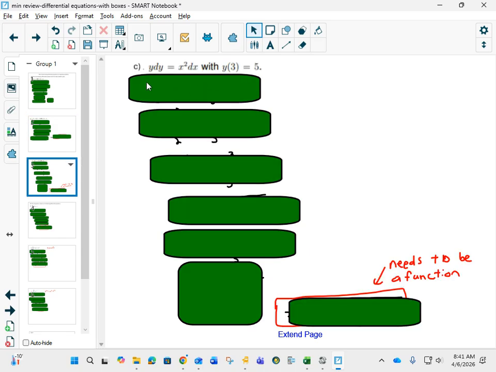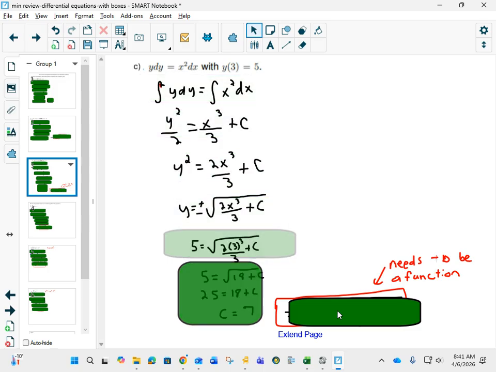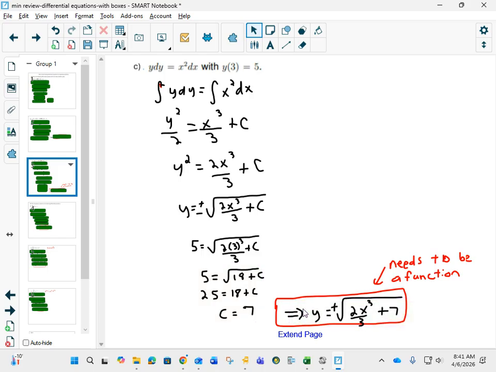All right, I'm going to put up the answer to that third one, and you can check it. So a couple things to note in this one.